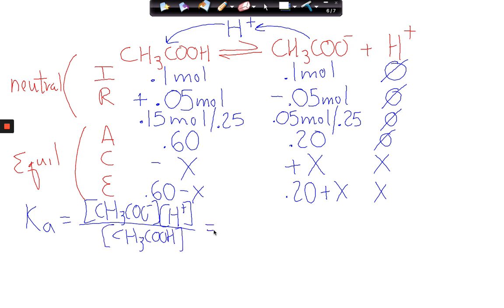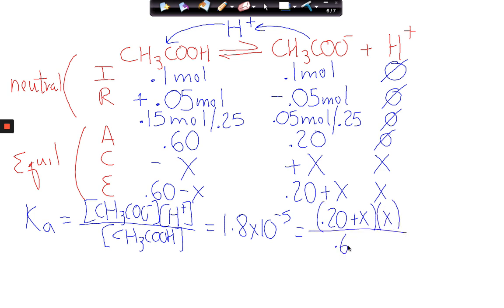And Ka is 1.8 times 10 to the negative fifth, and that would be equal to 0.20 plus X times X divided by 0.60 minus X. Did I do that right? It feels weird. Yeah? Okay.